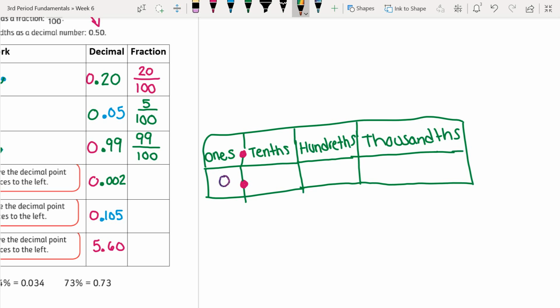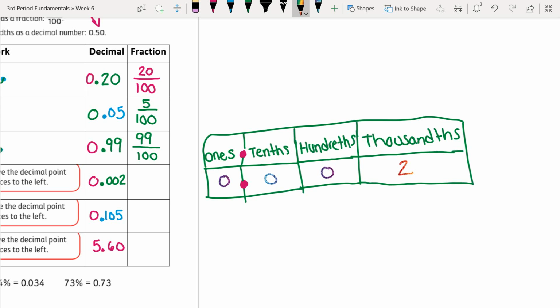My first number was a 0. That was the number before a decimal. Then the number after was also a 0. The second number after the decimal was also a 0. And the third number after the decimal was a 2. So because I have 3 numbers after the decimal spot, this means thousandths. So this is 2 thousandths.